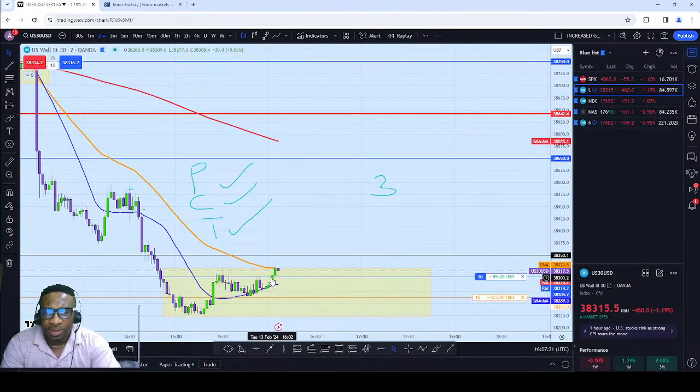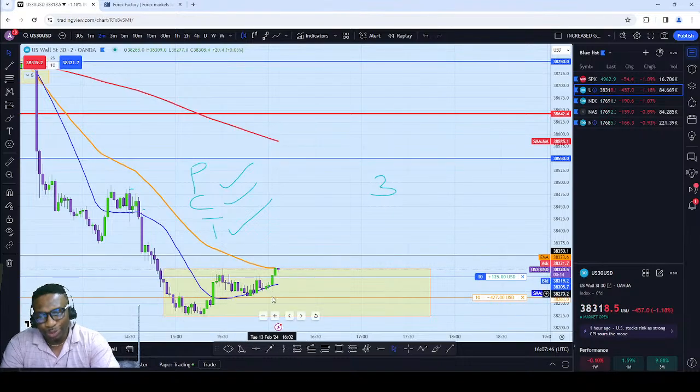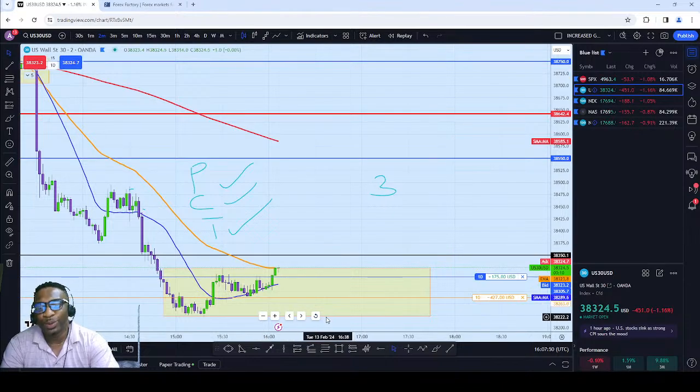Just as I said, it's still playing in the box, so sometimes it might go this way and then pull back. If it's not ready to move yet, it could pull back to this low, which we don't know yet.